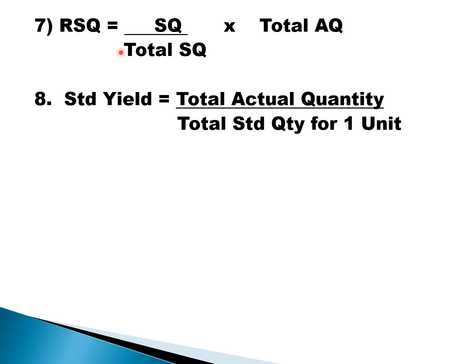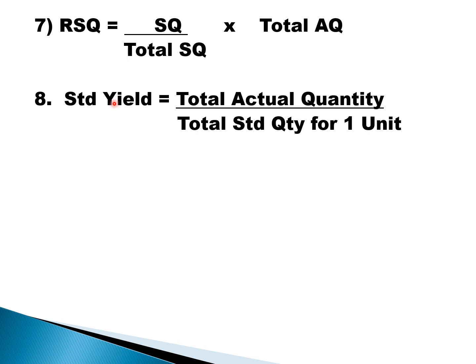So you need to revise according to the current situation. So the formula for RSQ is equal to standard quantity divided by total standard quantity into total actual quantity. SQ divided by total SQ into total AQ. Remember students, RSQ will come only if there is a mix. No mix, then RSQ will not come.